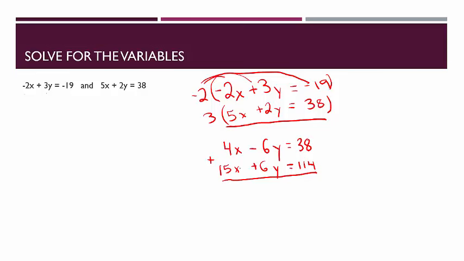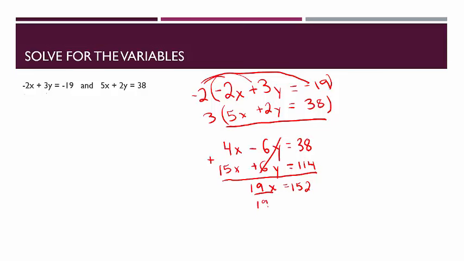Now I'm ready to add downwards, and you can see that negative 6 and positive 6 will cancel out to make 0. 15 and 4 make 19 x's. 38 and 114 are going to make 152.